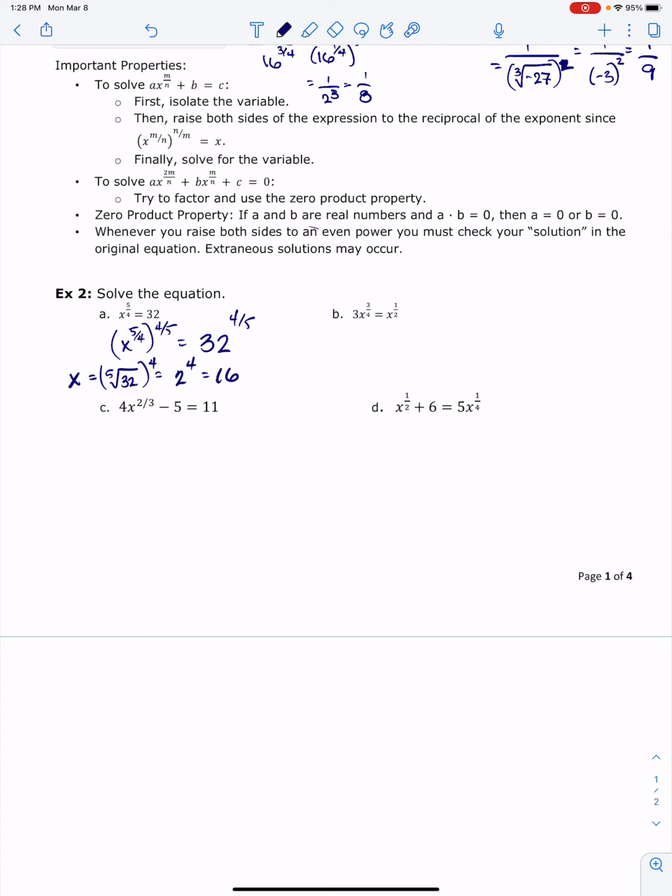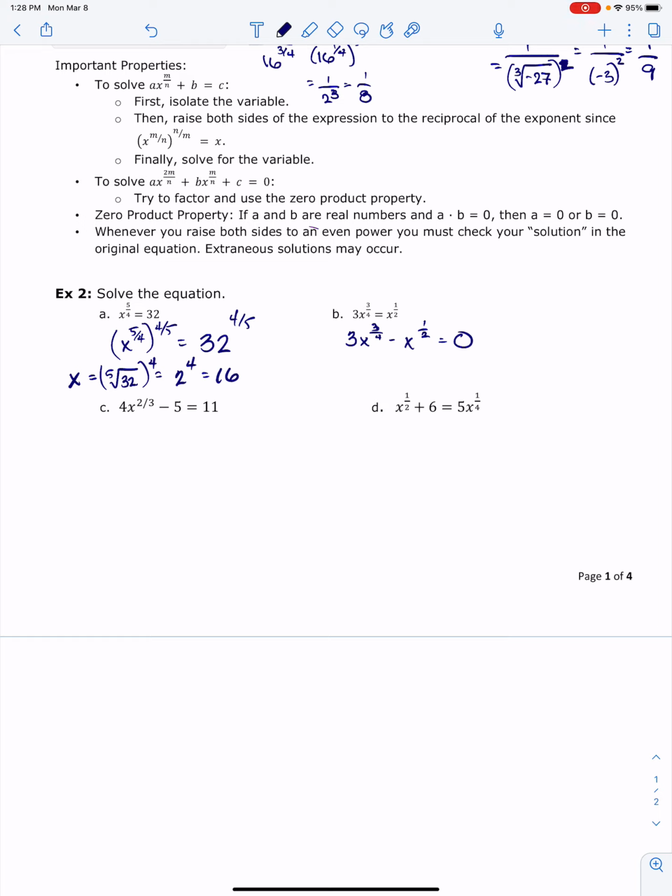For B, I've got 2 different exponents on my x. I've got a 3/4 and a 1/2. I am going to start by moving everything to the same side. So I get x to the 3/4 minus x to the 1/2 equals 0.